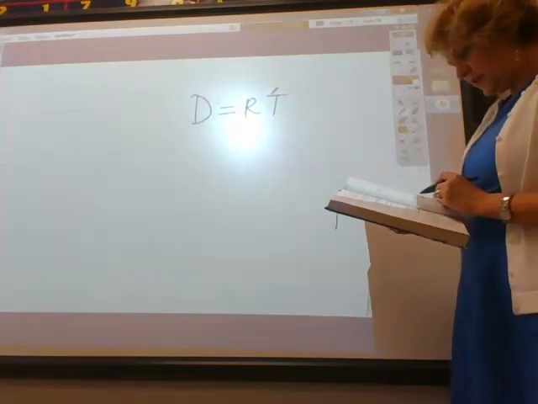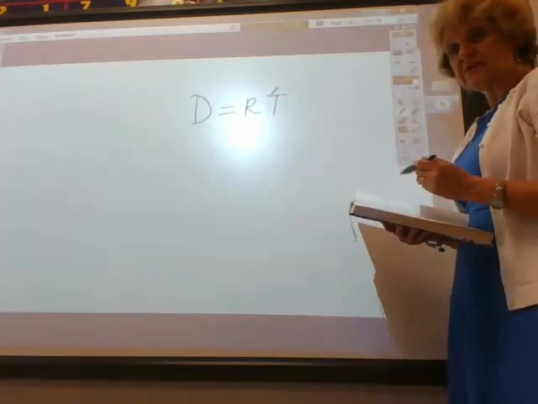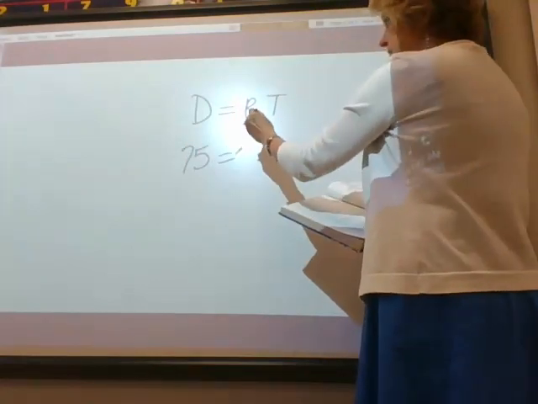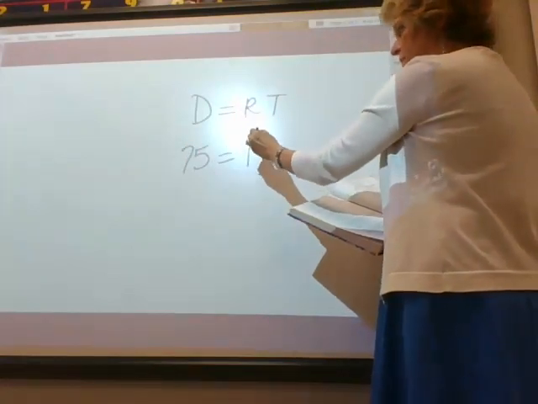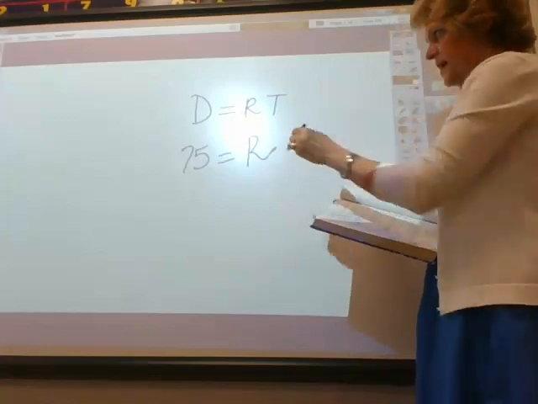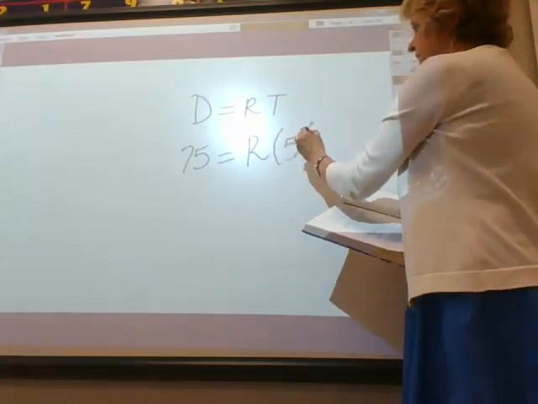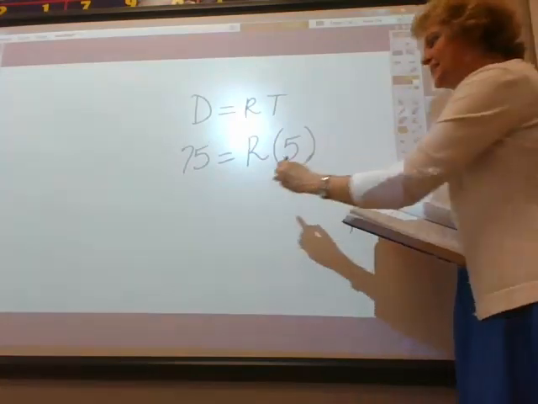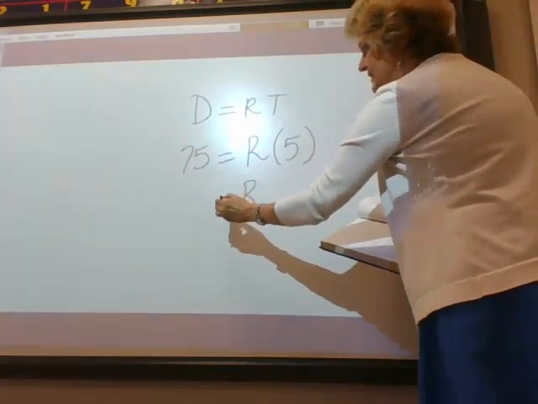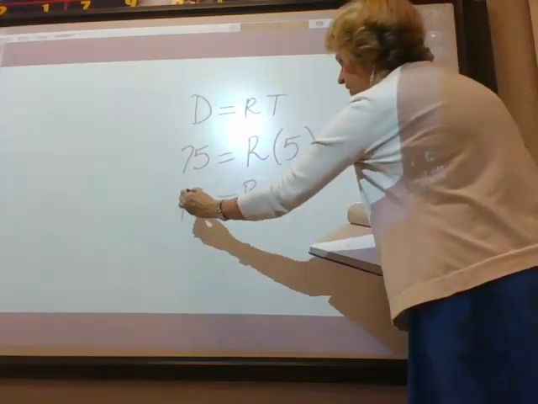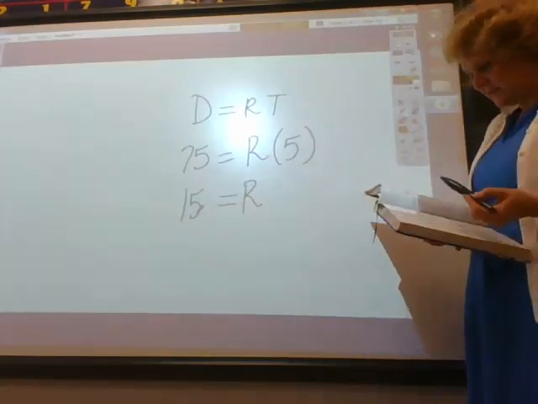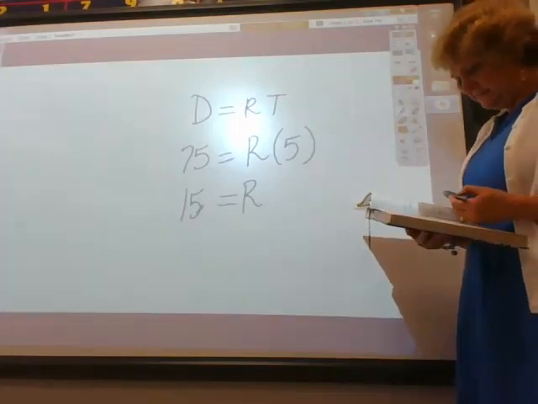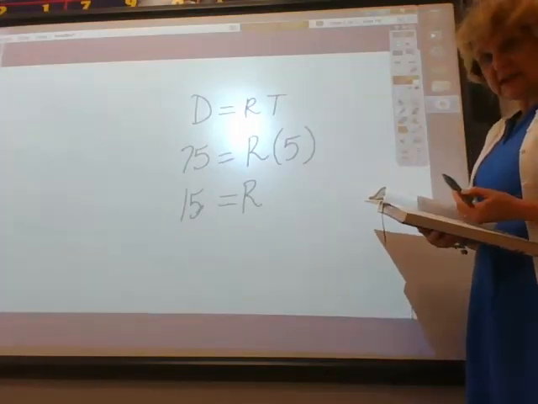So if the car goes 75 kilometers, that would be my distance, and the constant or the rate that I'm looking for in 5 hours. Okay, so I hope you see what I'm doing, plugging in the values. All right, so my rate, or my constant in this case, dividing by 5 is 15, and I'm dealing in kilometers per hour.